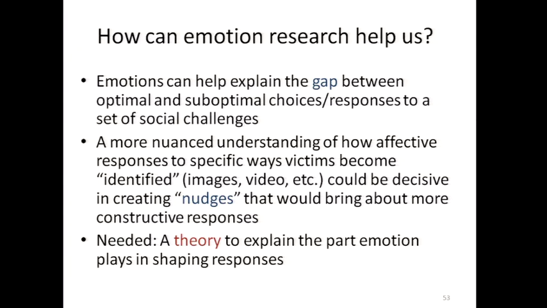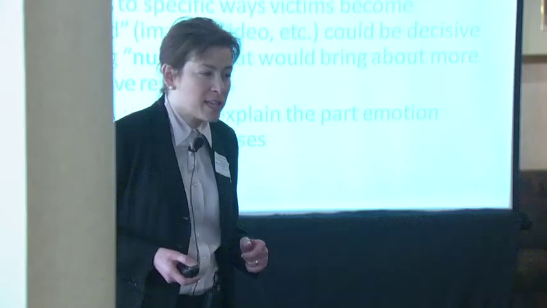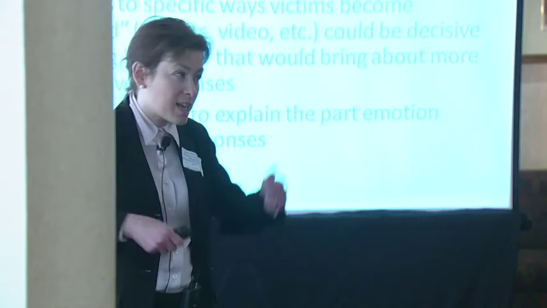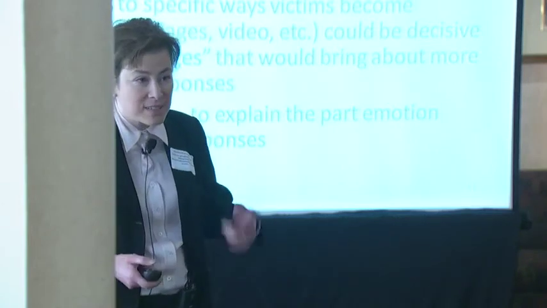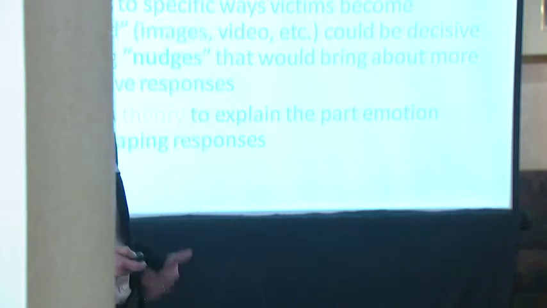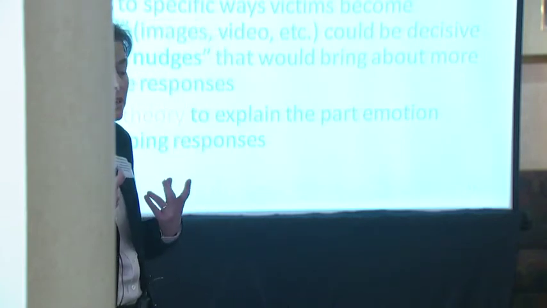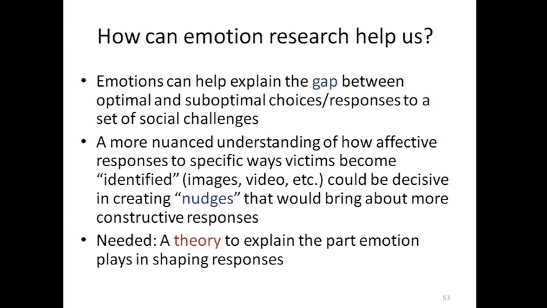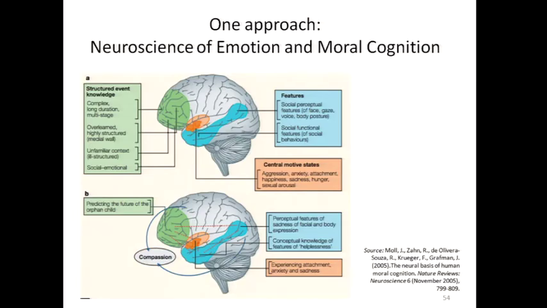What we need, however, is a theory to explain the part that emotion is playing in this, because otherwise we're just kind of randomly trying things out. And there's a fair amount of that in the literature, but it doesn't actually help us to build a cumulative science.